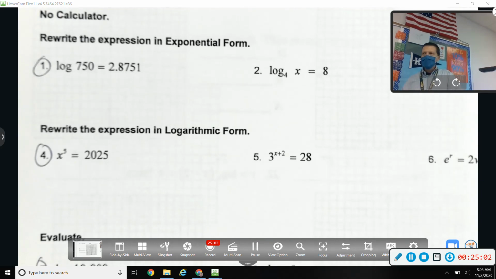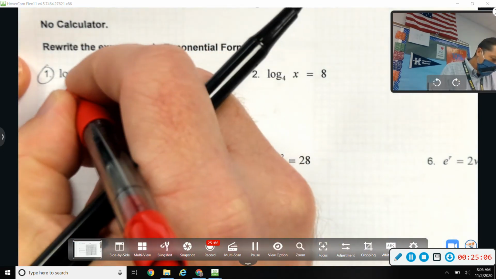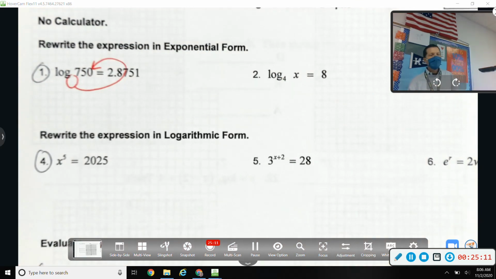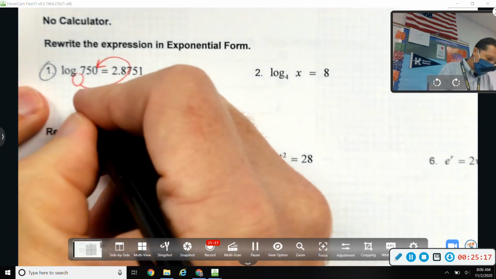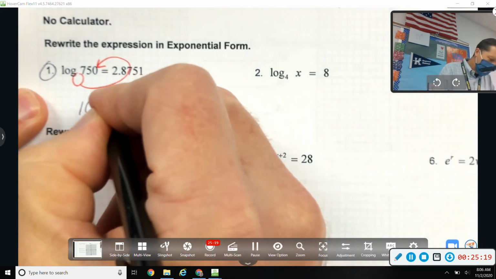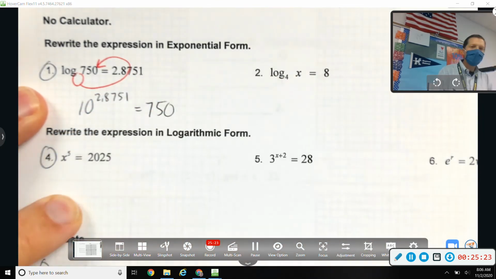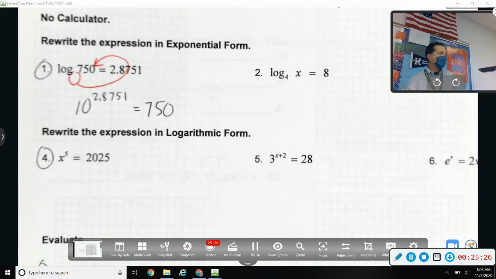So that's all I'm asking you to do: fishhook the thing. The fishhook part is so important that for the first 6 questions, all we want you to do is fishhook. There's no solving. 10 to the 2.8751 equals 750. And that's the end of that problem.